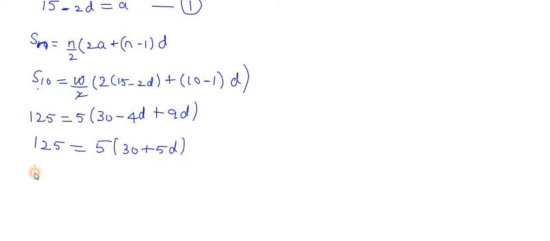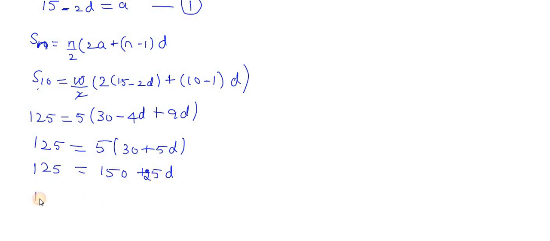Now 125 is equals to 5 into 30, that is 150, plus 5 into 5D, that is 25D.